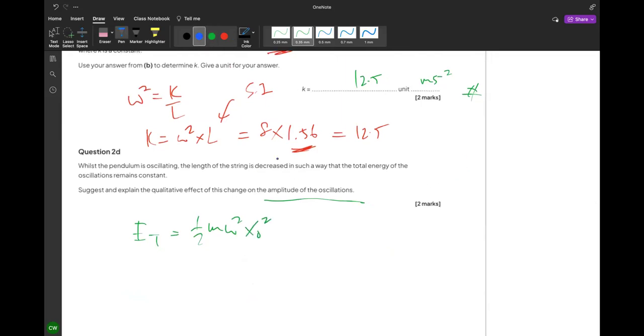So it says L decreases, but this one is constant. Explain qualitatively the change on the amplitude. So you have to talk about the changes on this one.